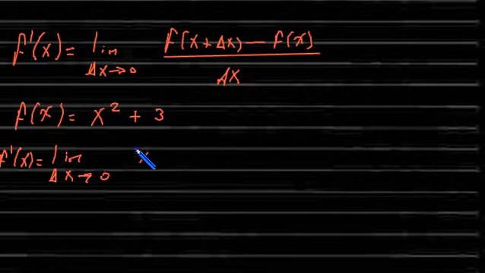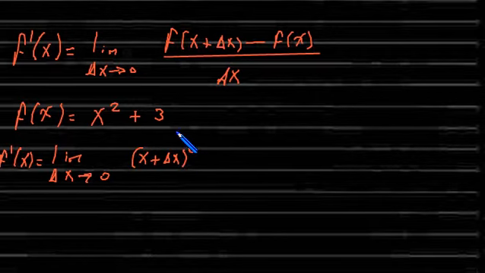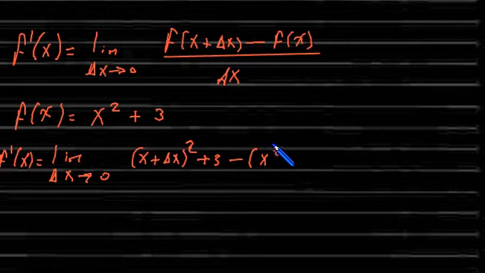So it's going to become x plus delta x squared, plus 3, minus f of x. So I'm substituting f of x in there, so it's going to be x squared plus 3. And this, of course, I have to divide by delta x.